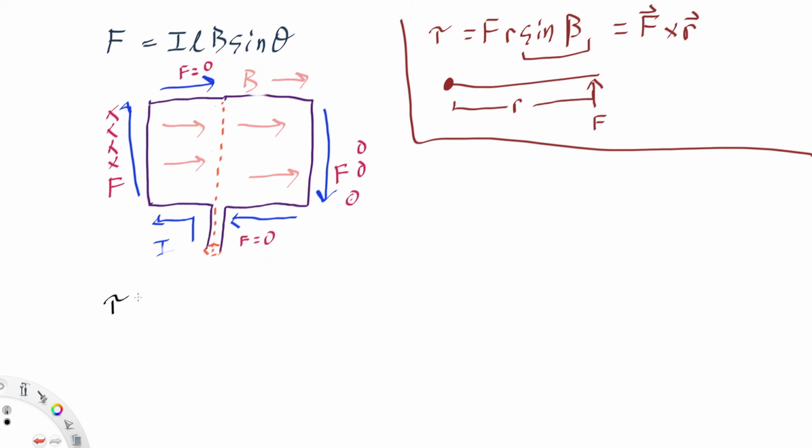So torque is equal to F R sine beta, but the force that we've got going on here is equal to I L B, and the force is perpendicular to the axis of rotation. So beta is 90 degrees, so sine beta is 1.